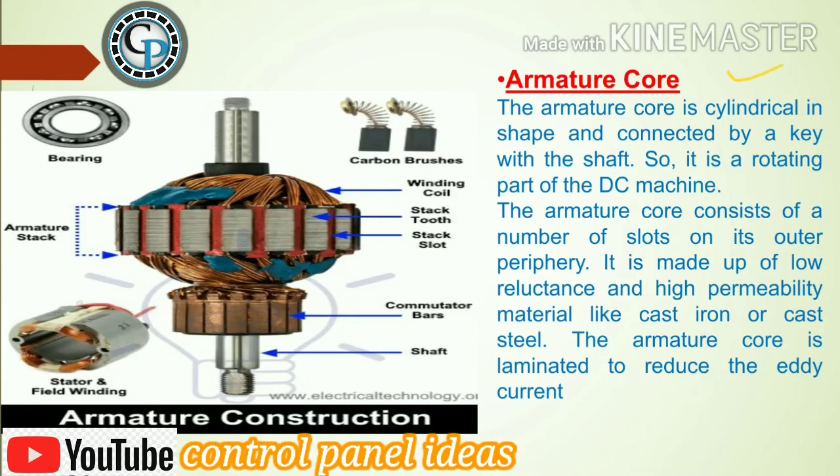Armature core. The armature core is cylindrical in shape and connected by a key with the shaft. So it is a rotating part of the DC machine. The armature core consists of a number of slots on its outer periphery.